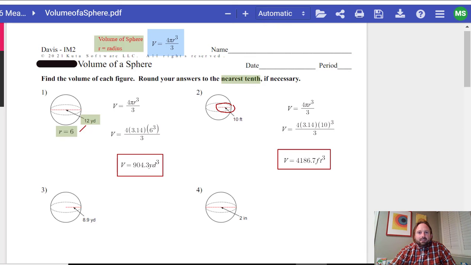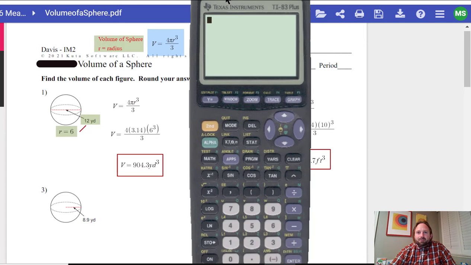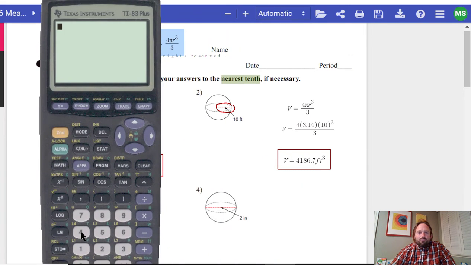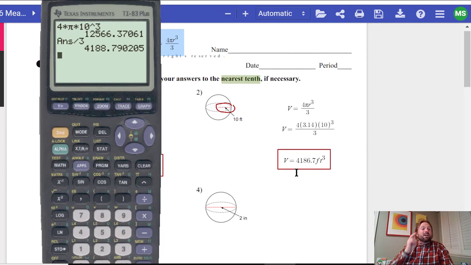We'll do 4 times pi times 10 to the third power, and then just divide by 3. Once again, it's going to be a little bit off. It's off by about 2 feet. But wait, it's not off by 2 feet, it's off by 2 cubic feet.